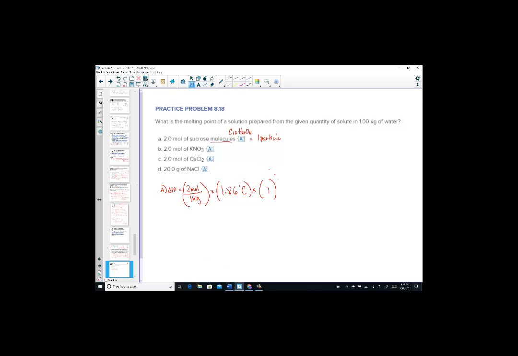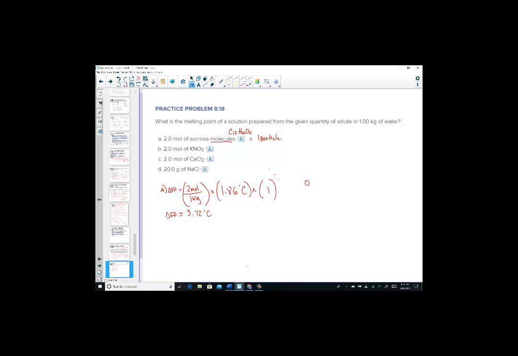Okay, I'm back, ready to do a little more calculating. We were working on finding the new melting point of a solution, putting 2 moles of sugar into a kilogram of water. So I was hitting 2 times 1.86, and what that found for me was a value of 3.72 degrees Celsius. Remember, that's the change in the freezing point.